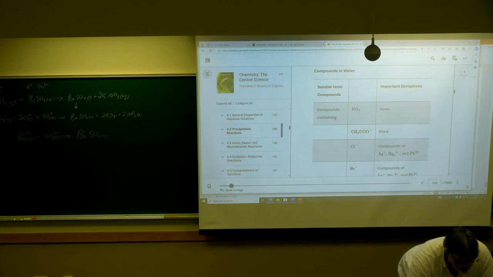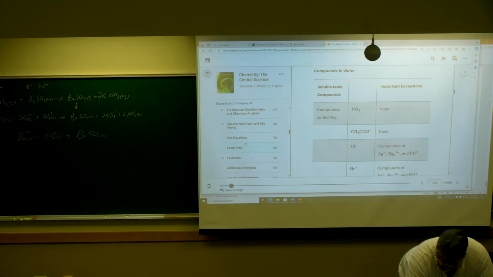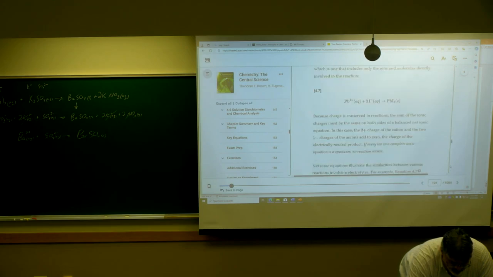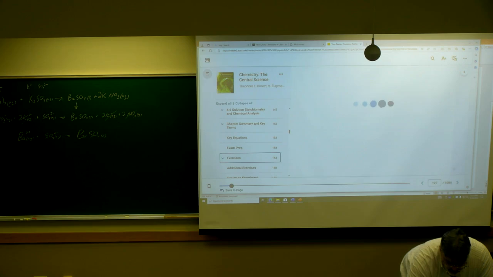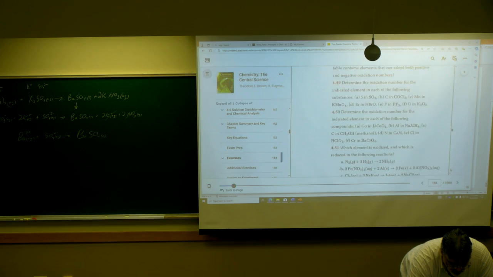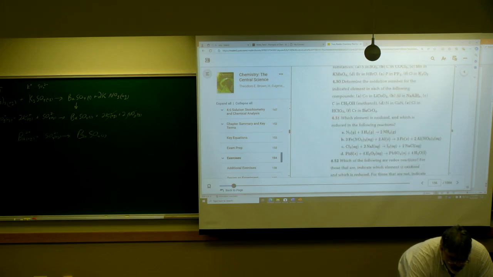Let's do some redox. Redox 449. But we did 450.